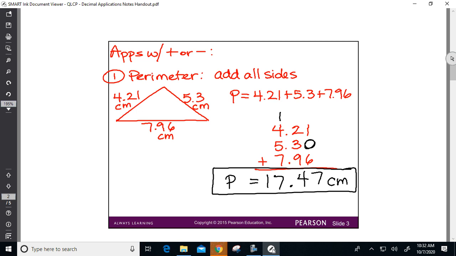Perimeter. So, any questions? Example number 1. A lot of what we're doing today is scenario based.